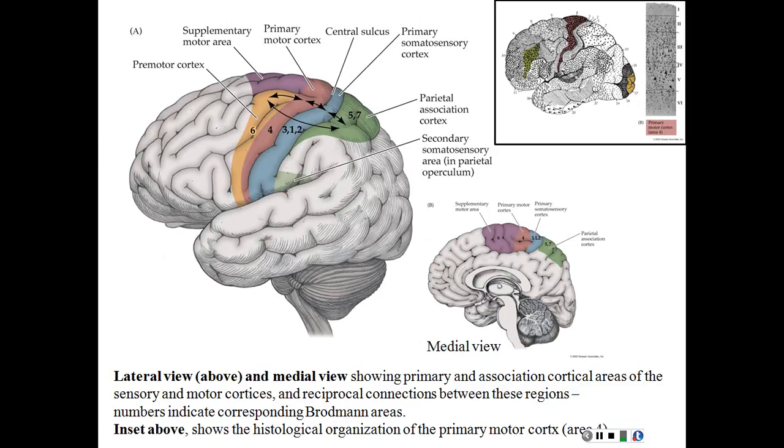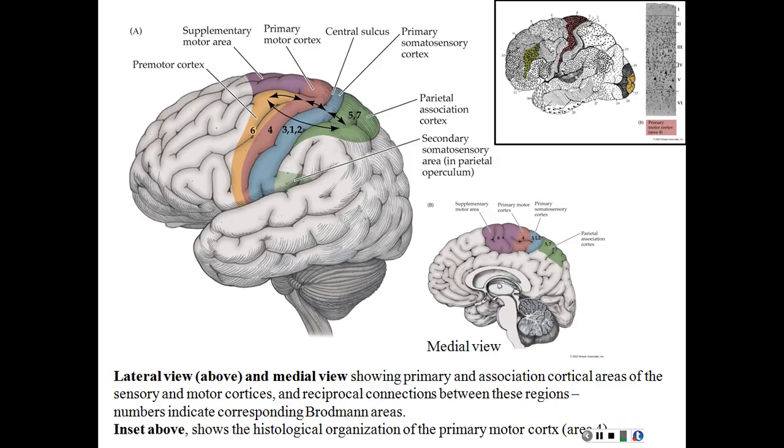Now, these numbers refer to something called Brodmann's numbers. Brodmann was an incredible histologist, and he thought that the human cerebral cortex must have a degree of heterogeneity in it, just in the histological organization, because he knew the fact that this area here is your primary motor cortex. This is what drives voluntary motor activity.